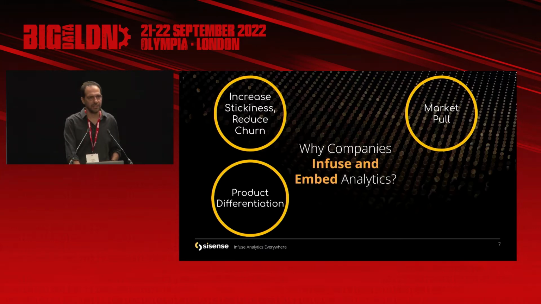And one of the reasons is it's not only creating a differentiation compared to the market, compared to the competitors, but also in terms of their ability to move faster, right? So if I'm a customer that's using a B2B tool and I have some basic analytics there and I need something new, I'm going to call the vendor, I'm going to go back to the queue of the roadmap, and maybe in 3 to 6 months, maybe that vendor is going to add something.